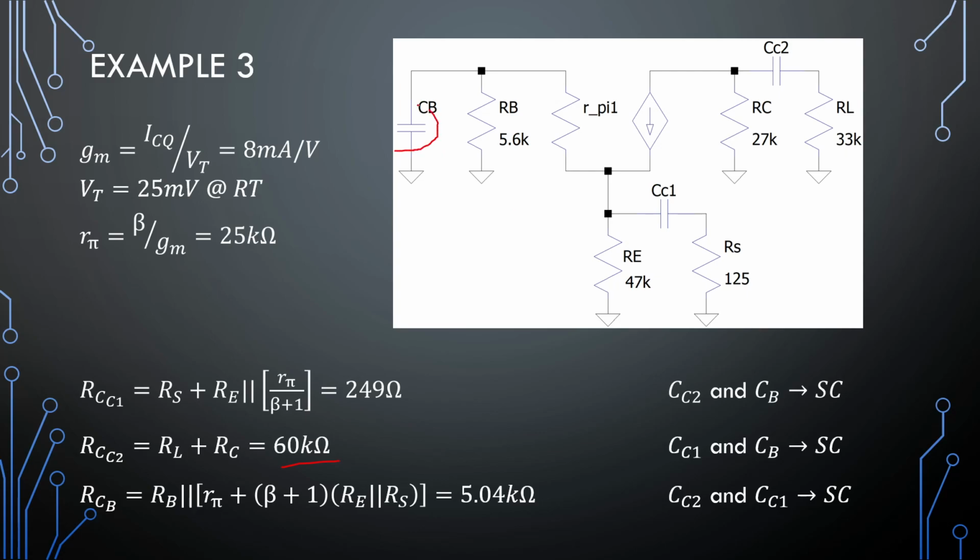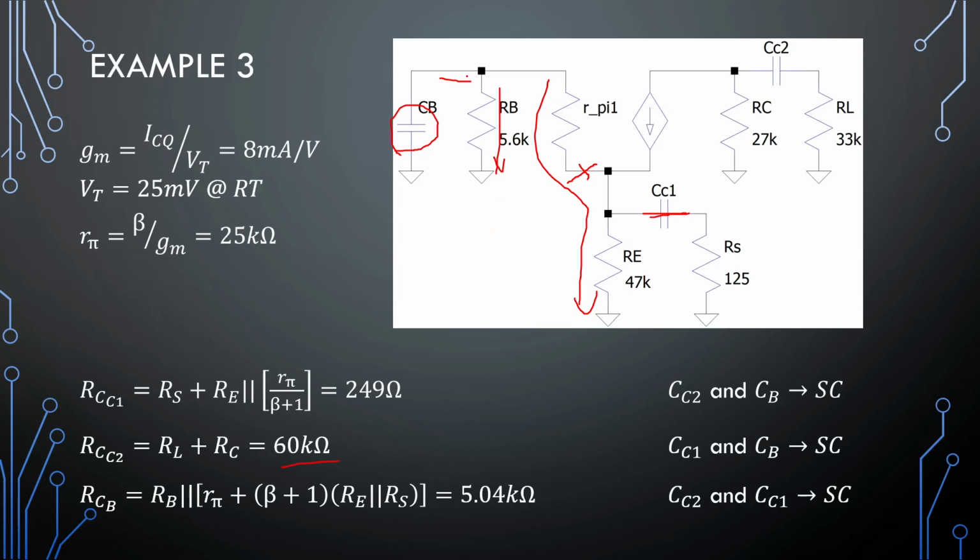Let's have a look at CB first, and that is when CC1 becomes a short circuit. So we have RE and RS in parallel. They are seen through the transistor, so they are multiplied with beta plus 1. And then we add R pi, and this whole configuration is in parallel with RB.